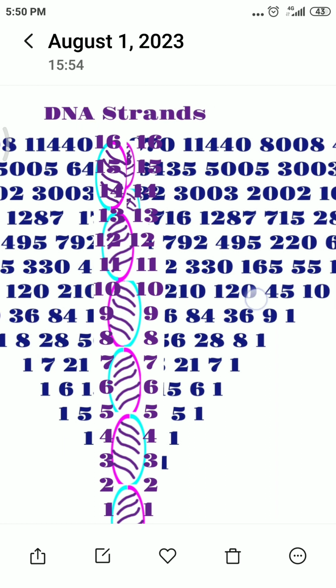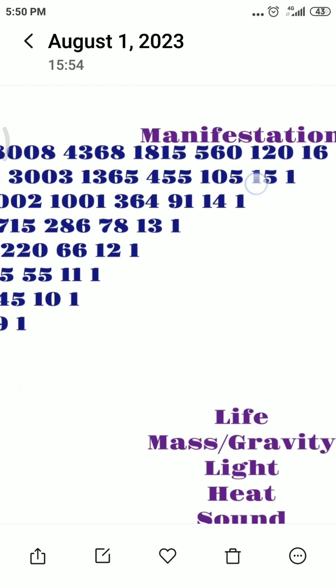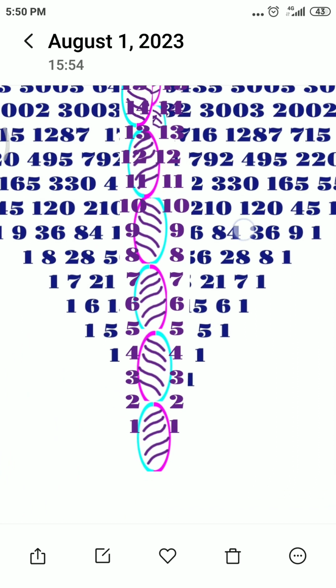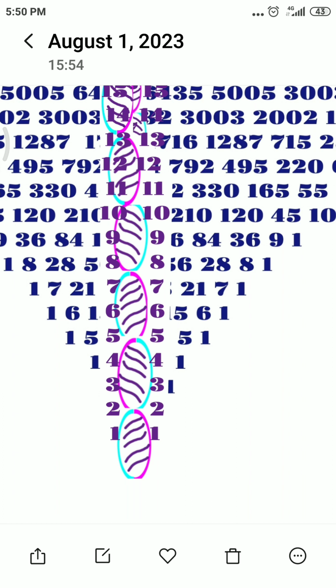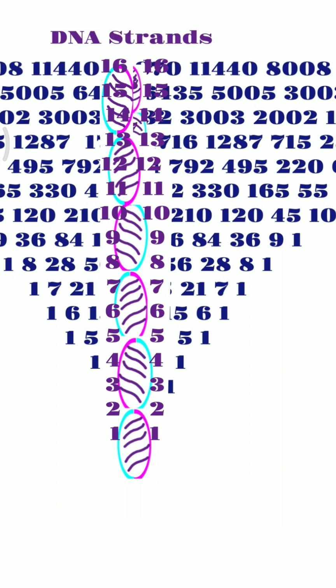So if you take up to 16, let us say, there will be 8 full strands. So from here, if you count 8 full strands, each full strand will cover two levels.